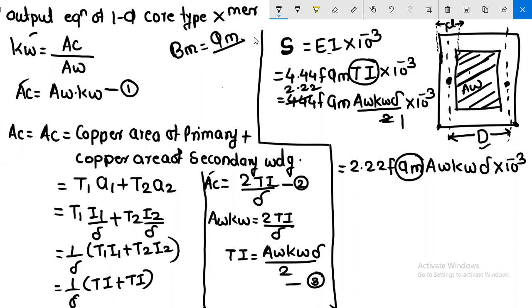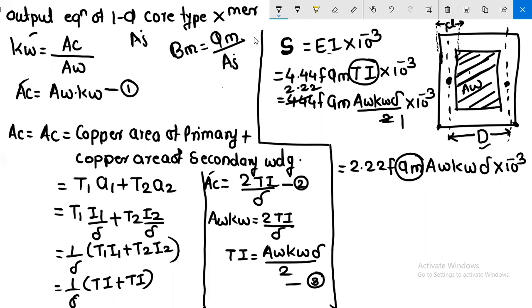But here, whenever we are going to consider this particular machine design, we consider the assumptions that we have first taken, that is, Ai, the iron area. So Bm is equal to phi m divided by Ai.